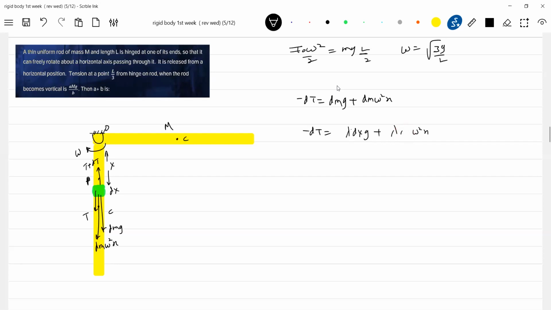Some books have the sign, not in the first step. Because as x increases, dT by dx is negative, so this will integrate.